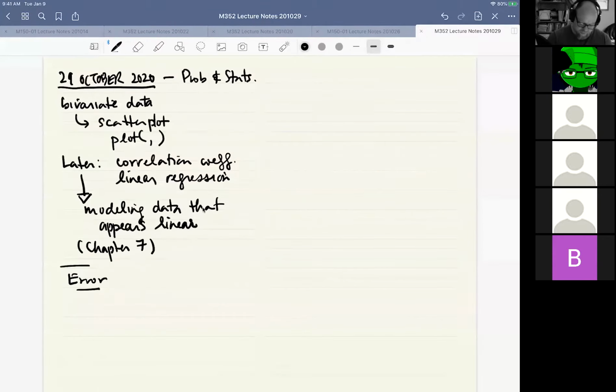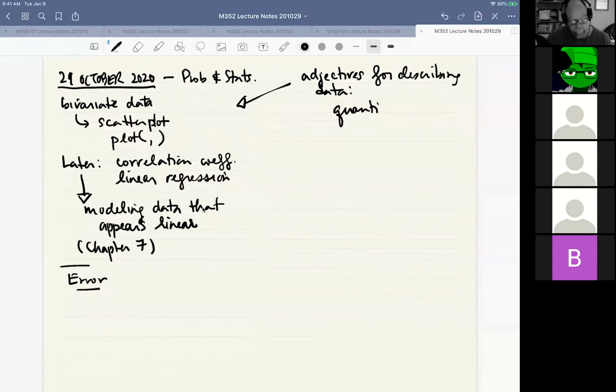Oh, I guess I should also say that last time we talked about, we had adjectives for describing data. Blake brought up the word quantile, which is a generalization of the idea of quartile or percentile, okay, median.